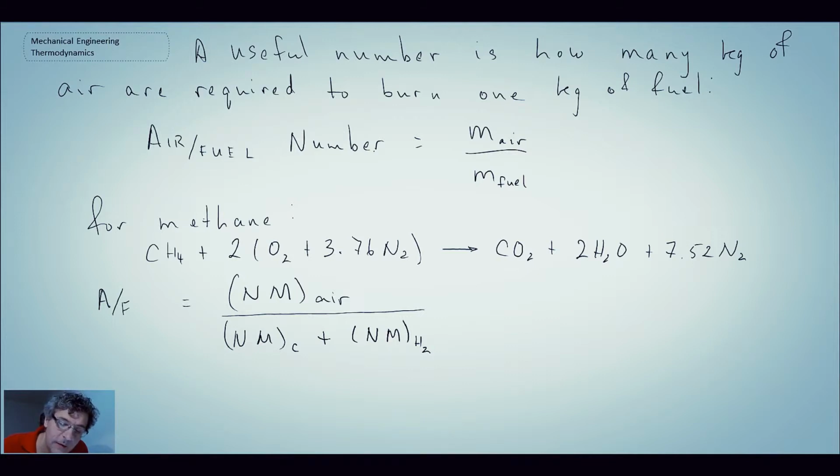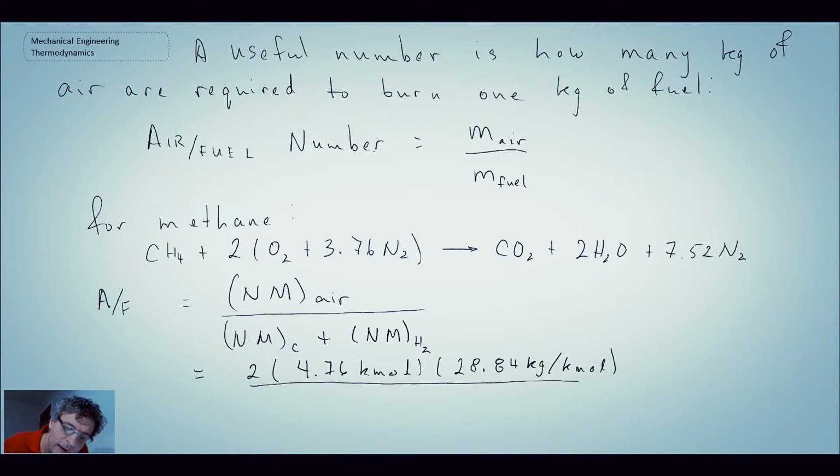Looking at our reaction, the number of moles of air consists of both oxygen and nitrogen. So in our balanced equation we have 2, and then 4.76 kilomoles of air, multiplied by the molar mass for air, which we said was 28.84 kilograms per kilomole.